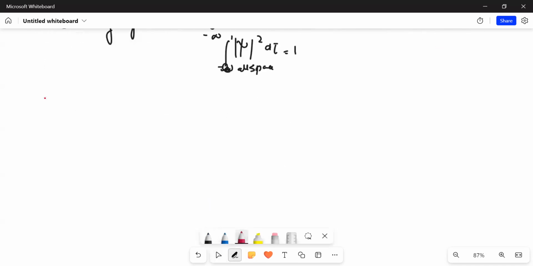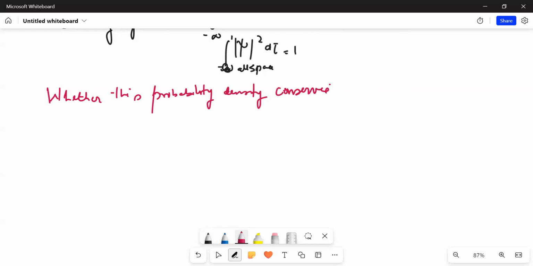Now, this brings us to a very important question, whether or not this probability is conserved. One of the important questions is whether this probability density is conserved or not. And this is very necessary also. Why? Because if my probability density is not conserved, then how would I be able to make the assessment of A? Let's say I normalized my wave function psi at t equal to 0.